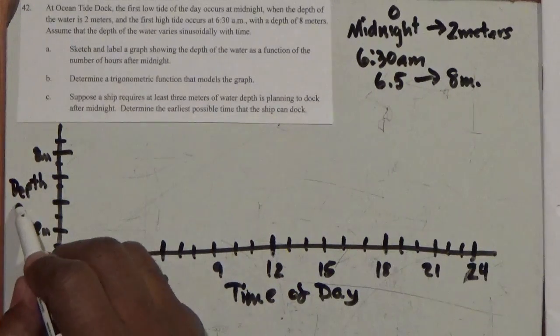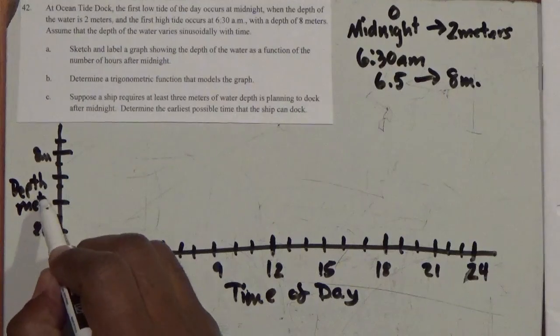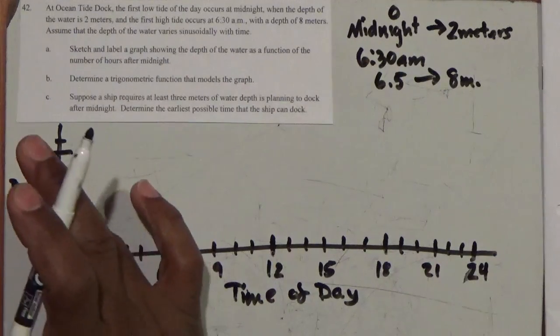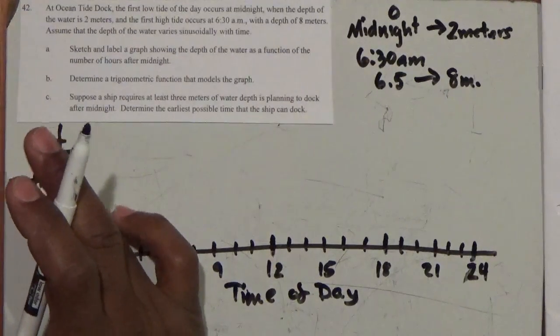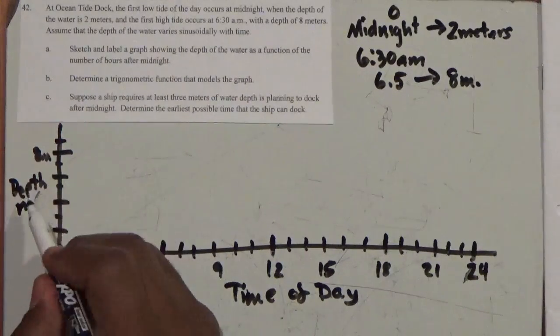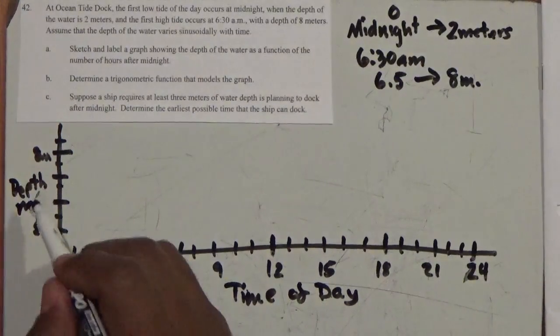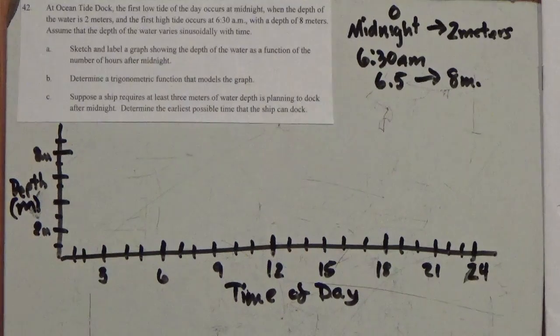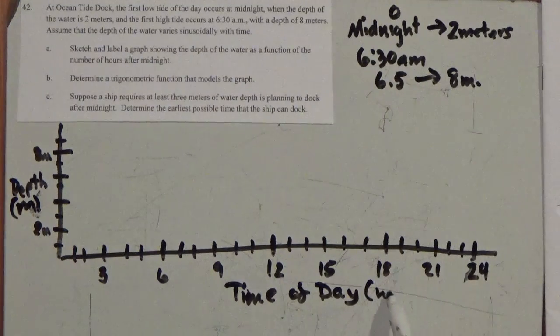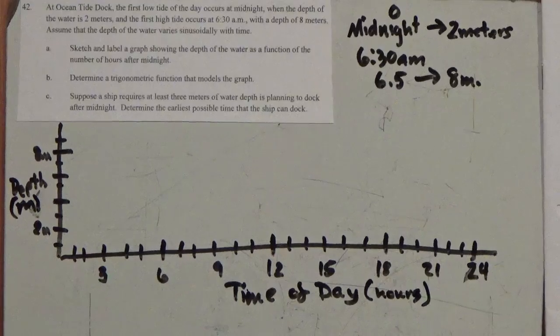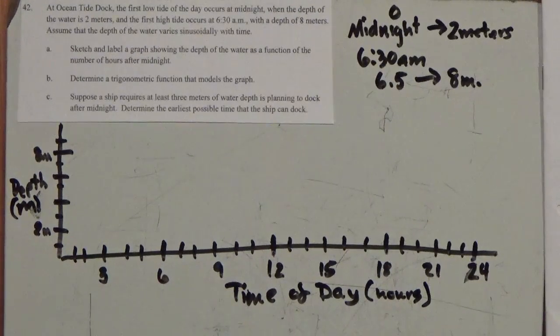We want to label everything in meters. Then time and day and hours. It's not that straight, but it's a pretty good graph.